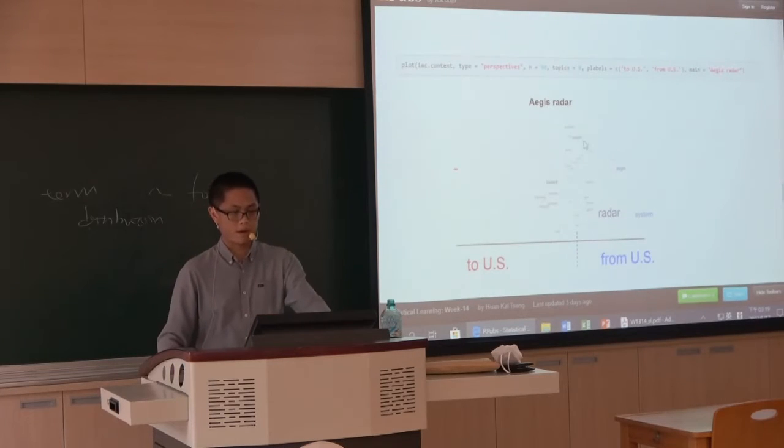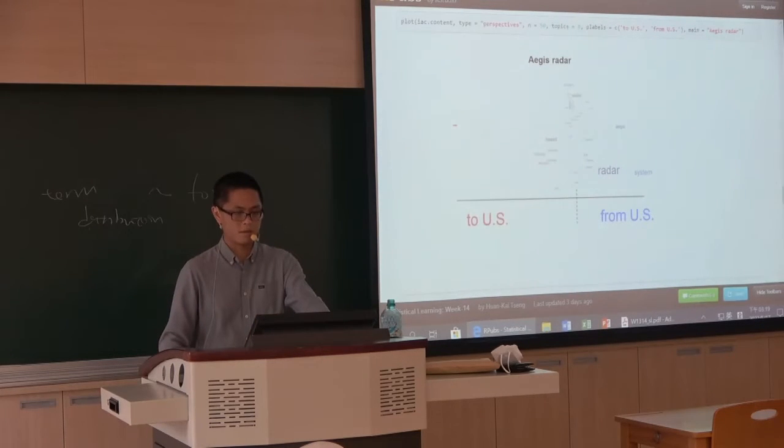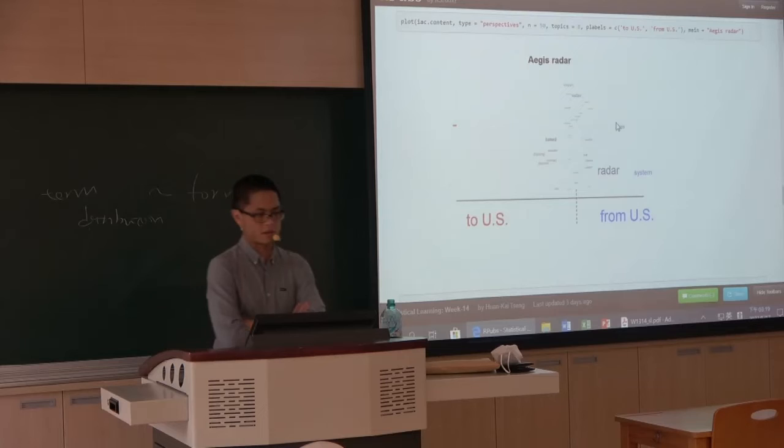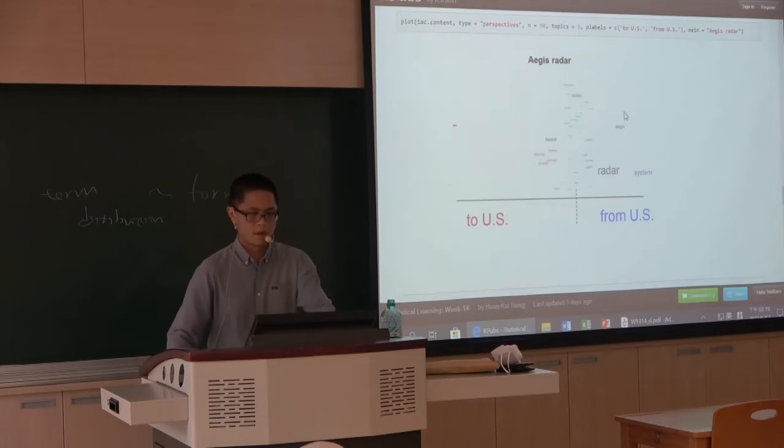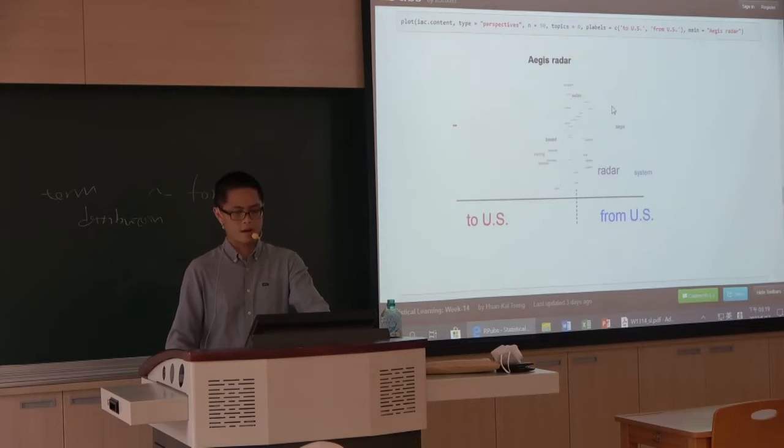Also, it's named by a U.S. defense company. So you see, most words are distributed almost exclusively on the U.S. side, even though their frequency does not appear to be that high, because you see that the font size of the words is quite small.